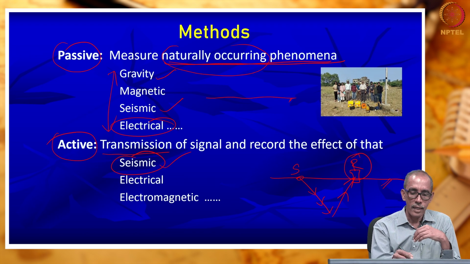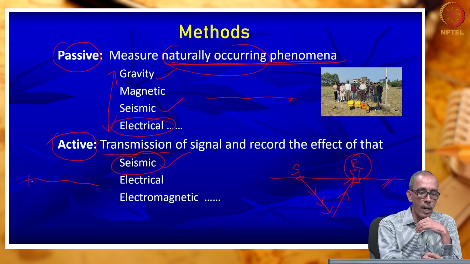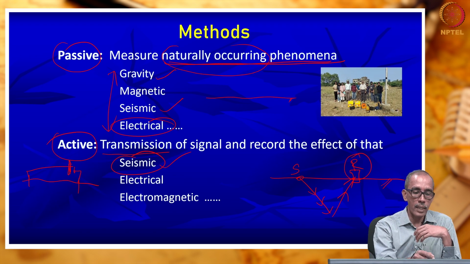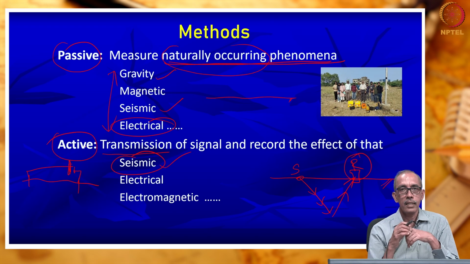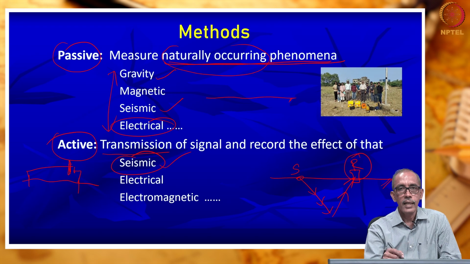On the other hand, here in active, this is the surface of the earth. We may pass current by connecting a battery. Current may be passed in. The effect of that may be studied by us. Then it becomes an active electrical method, right? So, these are some common examples of passive and active methods.